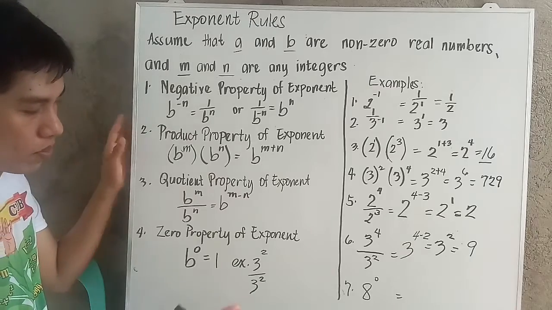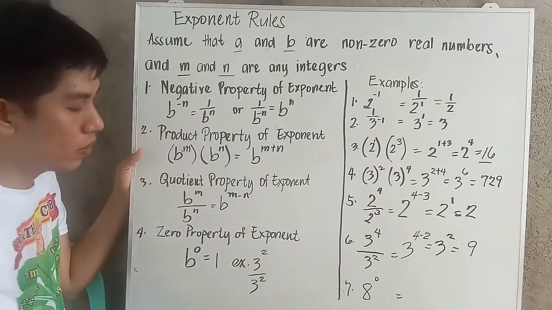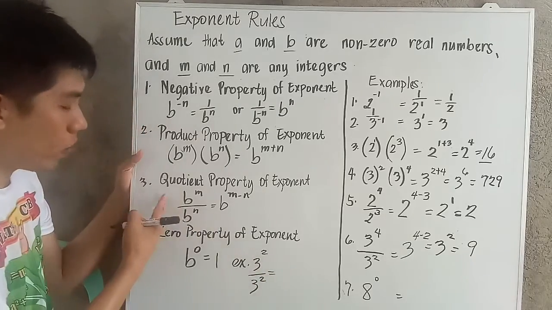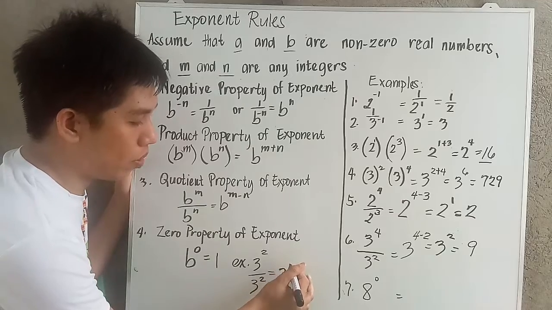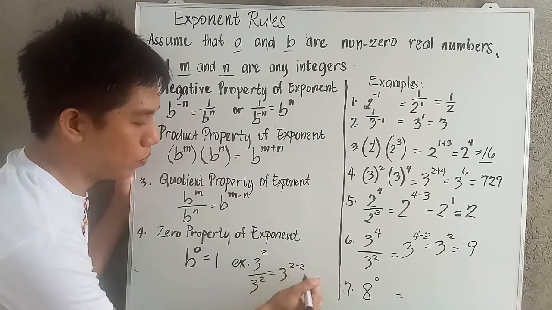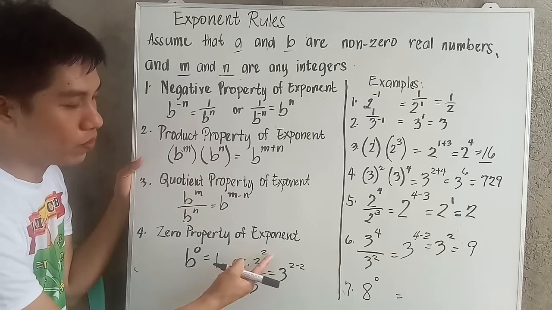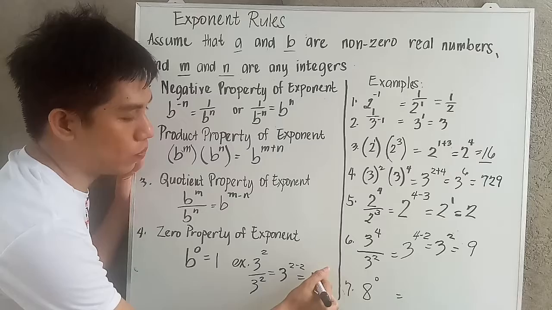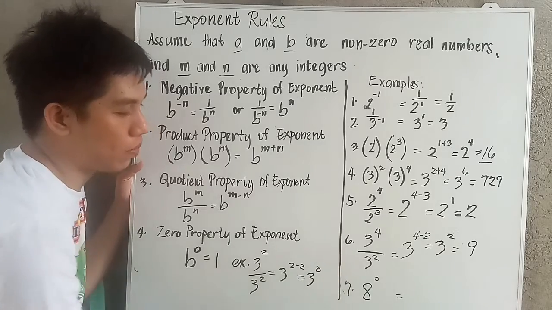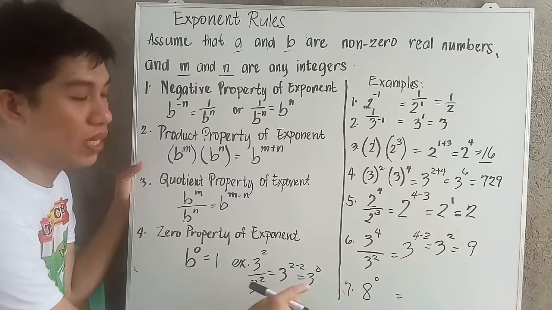So the base would be 3 and the exponents would be 2. So in this case, by quotient property, this will become 3 raised to the power of 2 minus 2. Diba kaya maumanin siya ang exponent sa ubos aton i-minus sa igbaw. So that will become 3 raised to the power of 0. So in that case, ma-0 ang aton exponent.